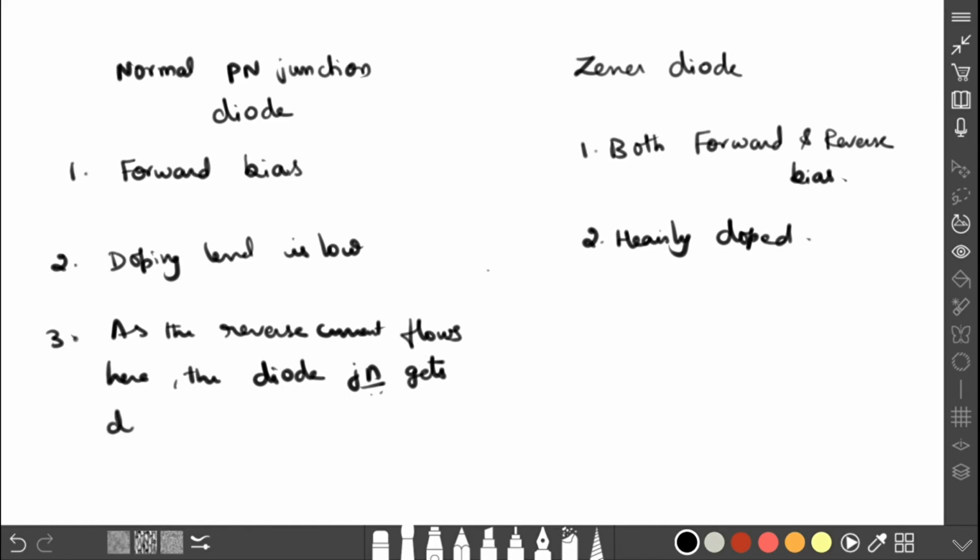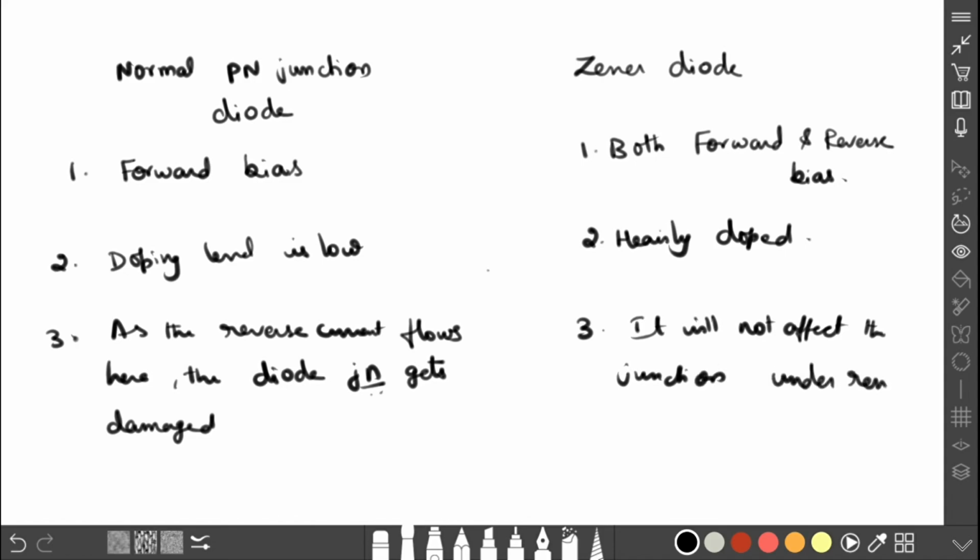But in the Zener diode it will not affect the junction. It is conductive at that point, and it will not affect the junction under reverse biasing. This is the main point.